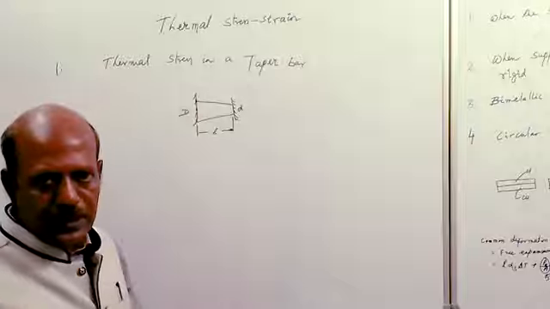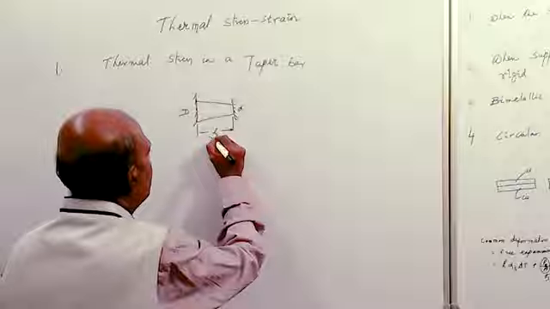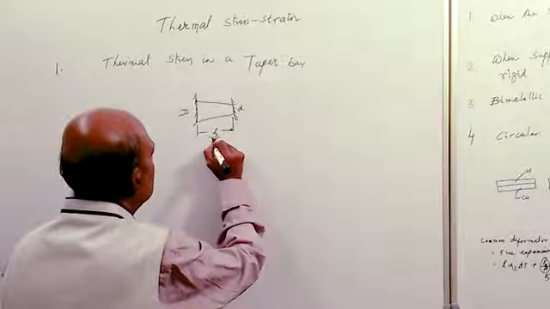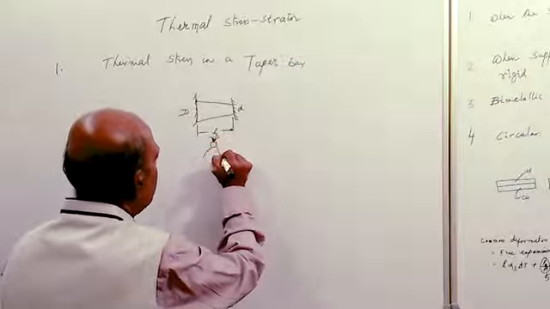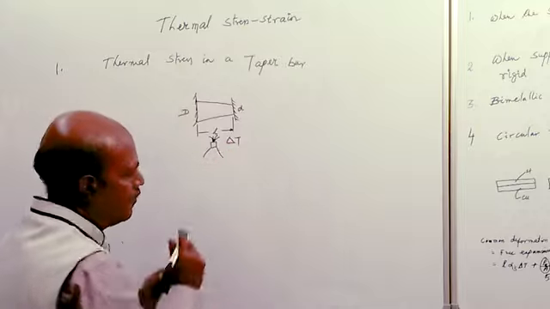If the bar is heated, say with the help of a flame, to some temperature, say delta T is the temperature difference created here.